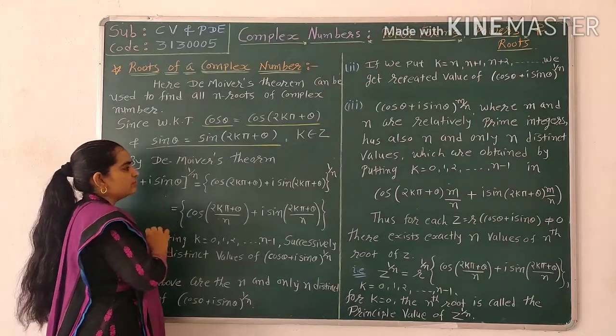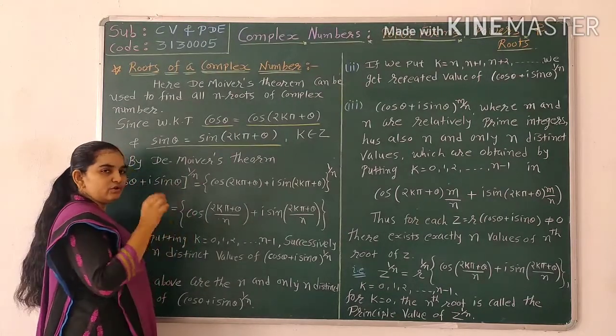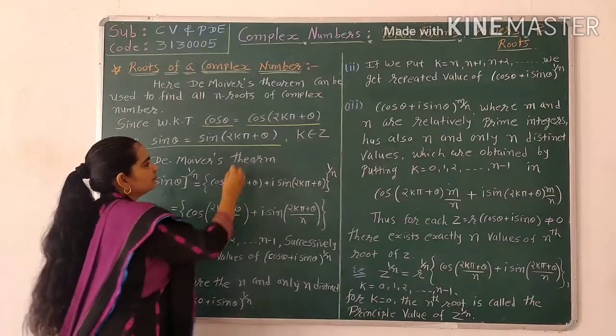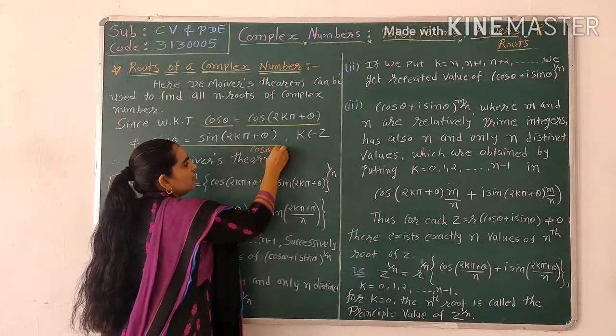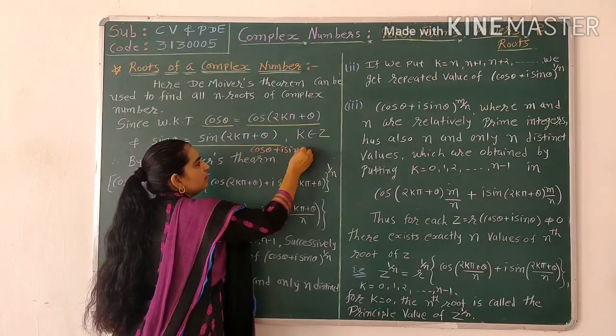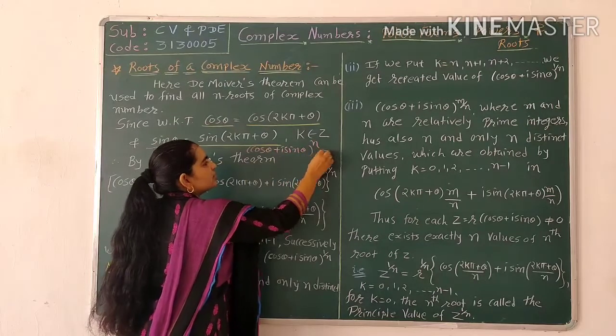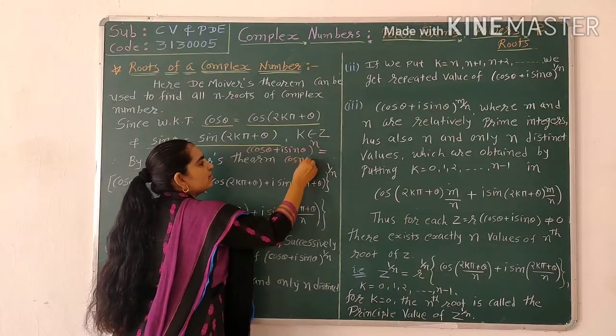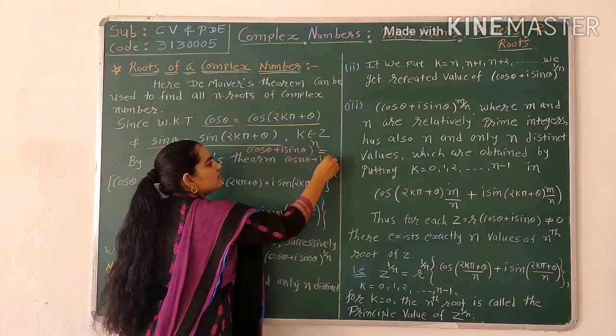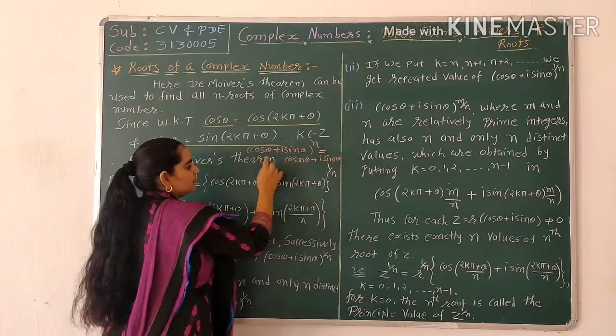Now we have to use De Moivre's theorem, and we know that (cos theta plus i sin theta) raised to n is equal to cos n theta plus i sin n theta.